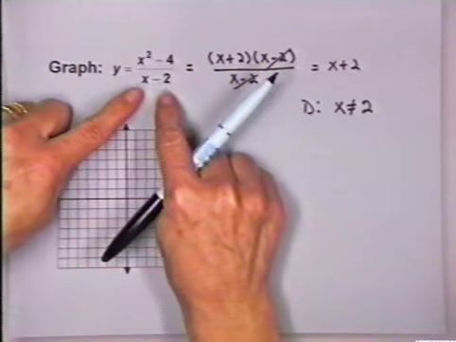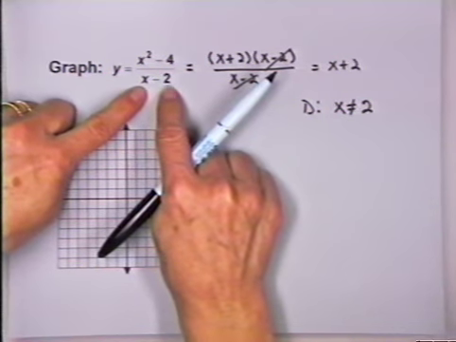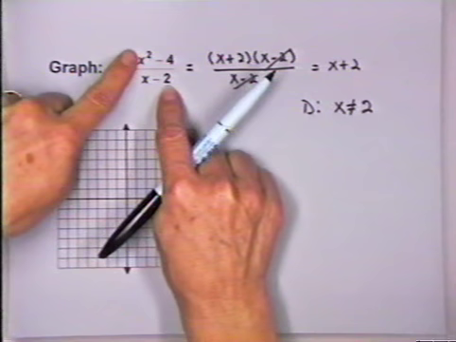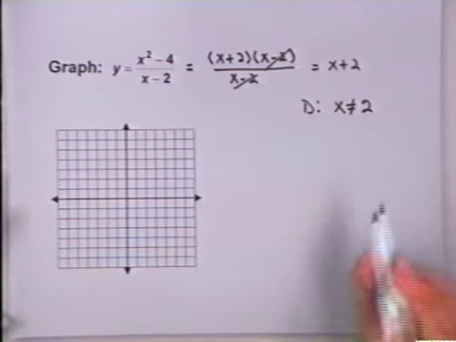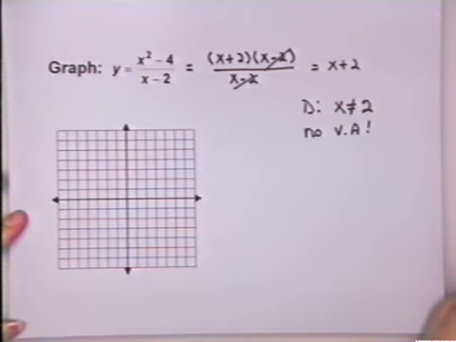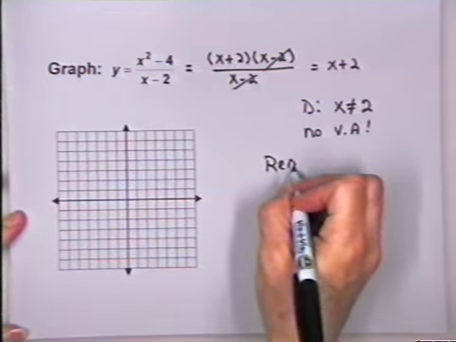So guess what? 2 is not a vertical asymptote. Remember, a vertical asymptote occurs if the denominator is 0, but the numerator is not 0. And so we don't have that here. So we have no vertical asymptotes. Okay? Now, what I want to do is talk about the reduced form.